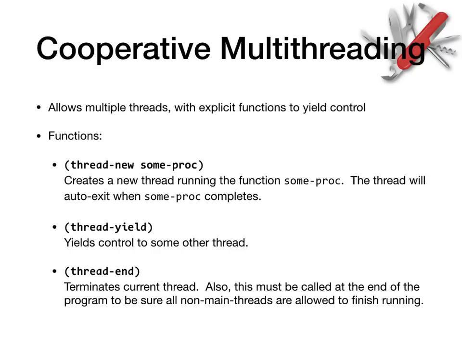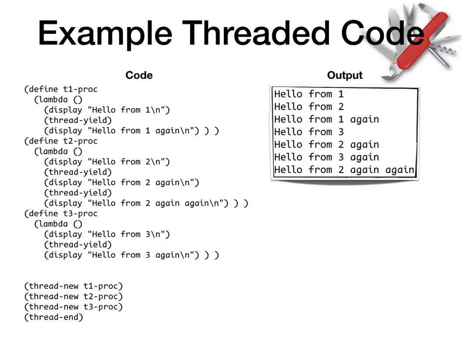All right, so here is an example program that we could build from this API. We'll define these three functions, T1, T2, and T3, and these alternate doing stuff and yielding to other threads. Then all we'll do is create new threads with each of these procedures, and then end the current thread.